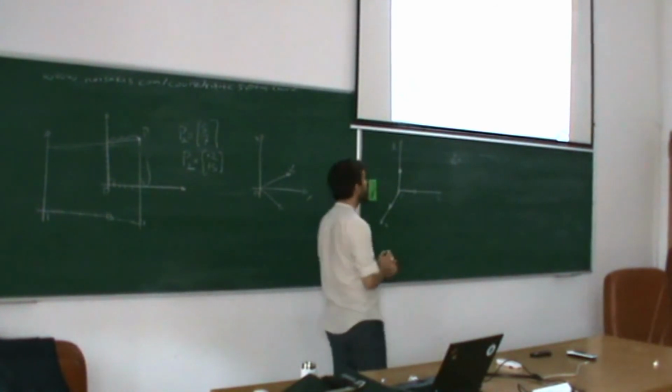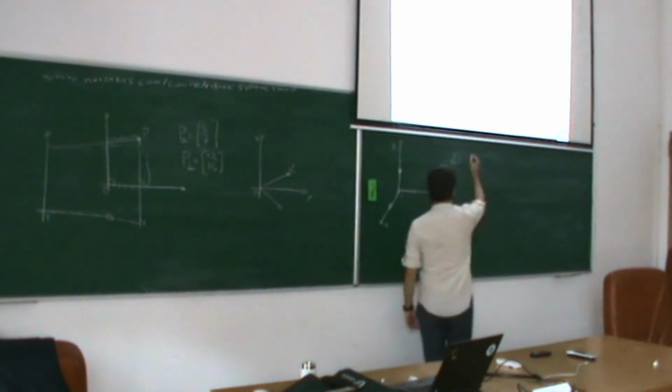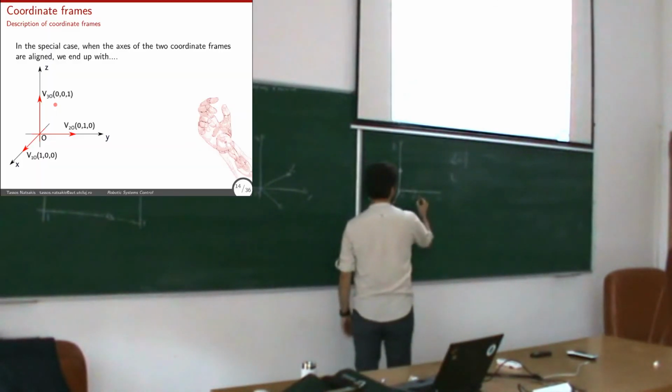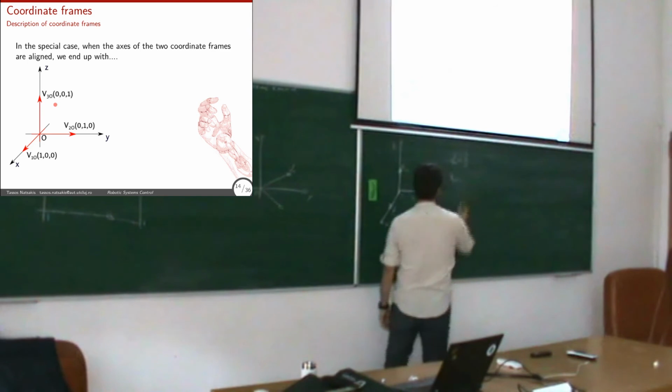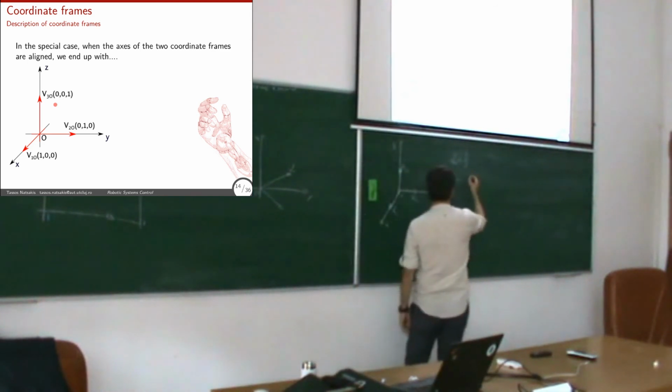Unit vectors. Yes, they're unit vectors. Forgot to mention. So this has 1, 0, 0, right? So let's call this V1, 0, V2, 0, and V3, 0. What is V2, 0? It's 0, 1, 0. You can see it on the screen as well.